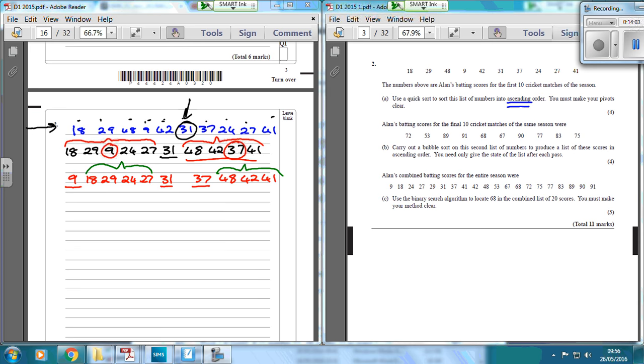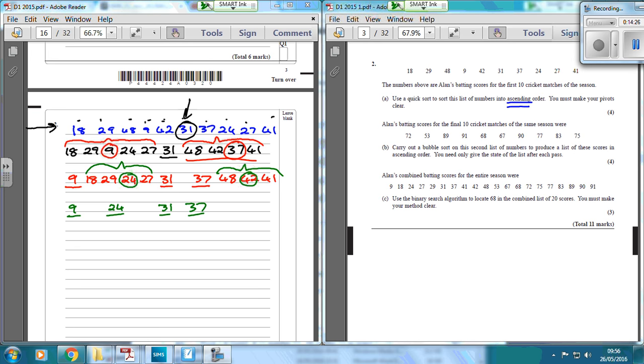So the 2 pivots that you choose here, again, if you can't choose the middle one, it's the one just to the right of it. So we're going to choose 24 for that one and choose 42 for this one. So I'm going to bring 9 down, 31 down, 37 down, because they're the pivots that we've already used. So I'll put 24 there and call that a previous pivot now.